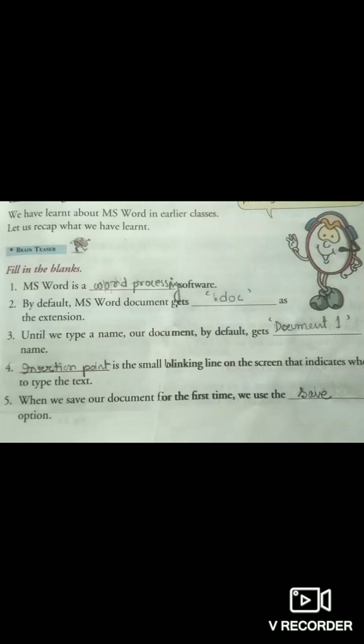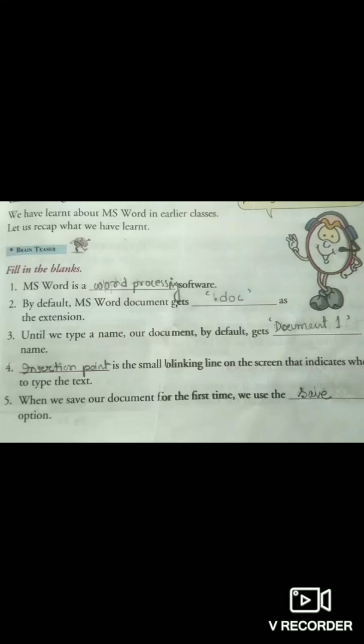First one: MS Word is a dash software, that will be word processing software. Number 2: by default, MS Word documents get dash as the extension. The answer is .doc. Number 3: until we type a name, our document by default gets the name dash. The answer is Document1.